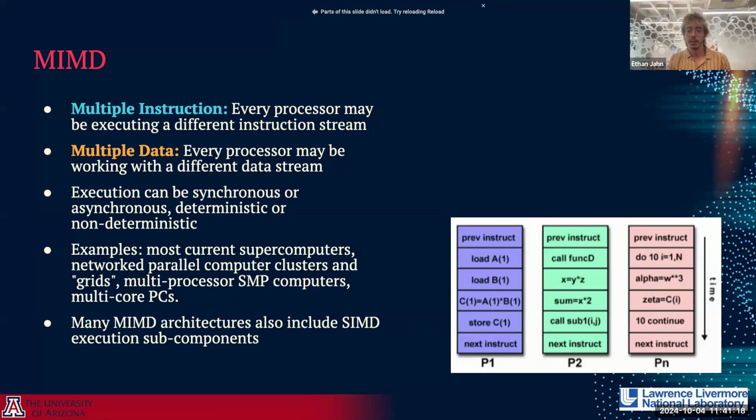In this instance, you can now see that each of those processors is calling a different set of instructions. So you now have processors that might not be synchronous, right? So if the instruction set for processor 1 is different than the instruction set for processor 2, it might take processor 2 a different amount of time to complete. So this is what we mean by processors becoming out of sync.